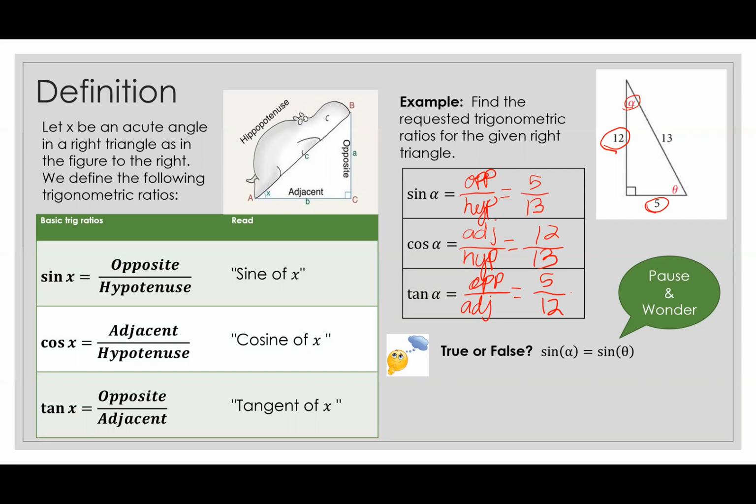If you say no, you are right, because sine of alpha, which would be opposite of alpha, is 5 over the hypotenuse, and that is 13, right? But sine of theta, theta is right here. So sine of theta is 12, which is opposite, over hypotenuse, 12 over 13. So no, they are not the same.